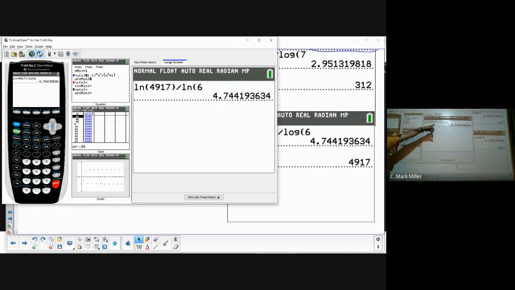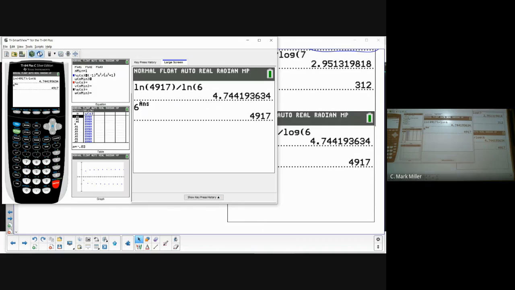And that's the same as we got using common log. And to verify our answer, we can take 6 and raise it to that last power, 4.744, and it equals 4917.